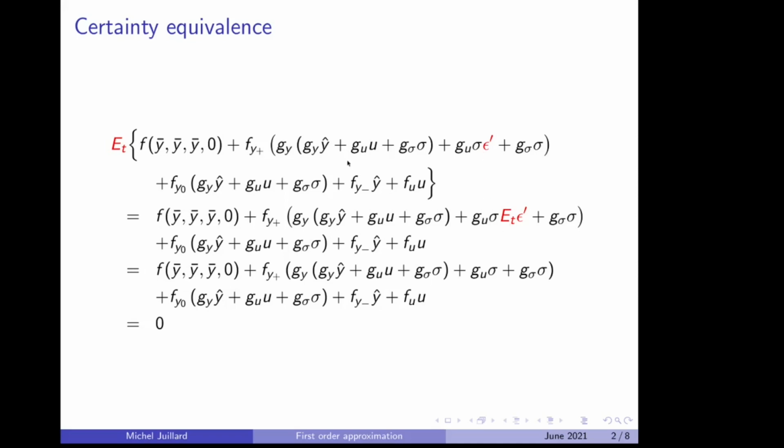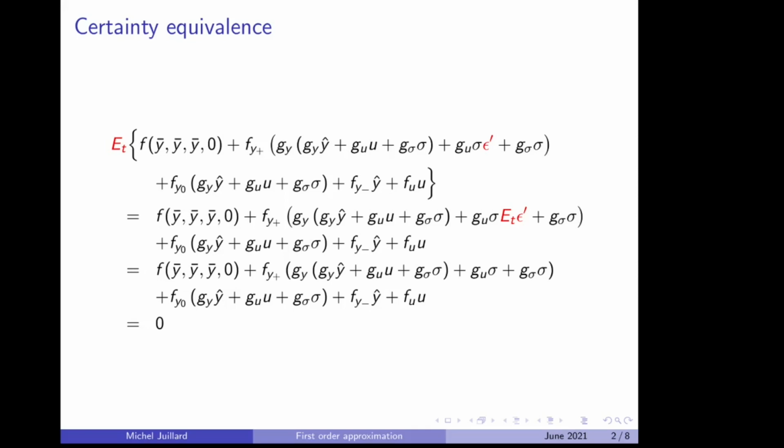I started with an equation involving the conditional expectation, and I end up with a regular equation with only deterministic terms. The fact that future shock disappears very quickly from our problem shouldn't surprise you.